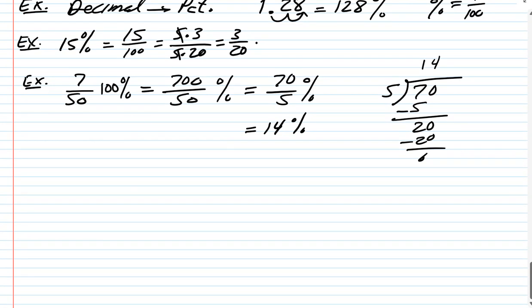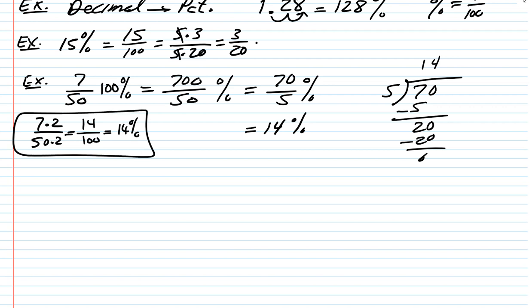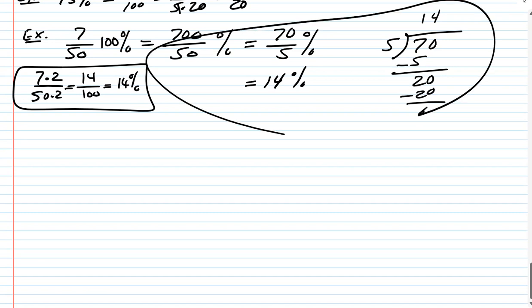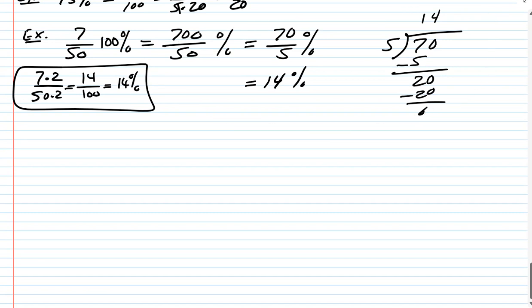Which you could have done very easily. In this case, multiply top and bottom by 2, and you get 14/100, which is 14%. But again, the reason I carry the longer format is because not all fractions can be built to 100 exactly.